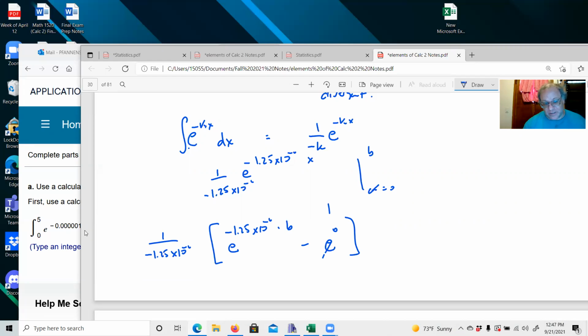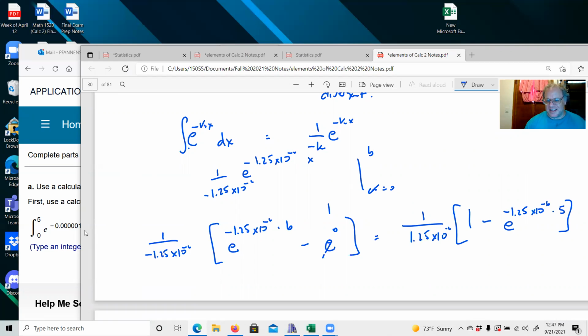Notice there's a negative on the outside here. So eventually this is going to be 1 over 1.25 times 10 to the negative 6, times 1 minus, and then we have to evaluate e to the negative 1.25 times 10 to the negative 6 times 5.